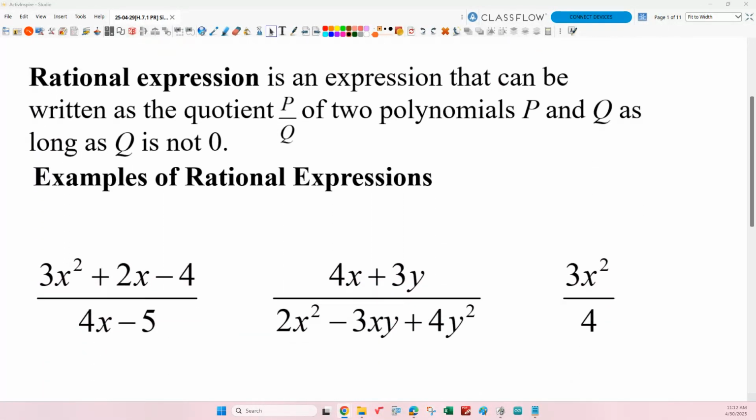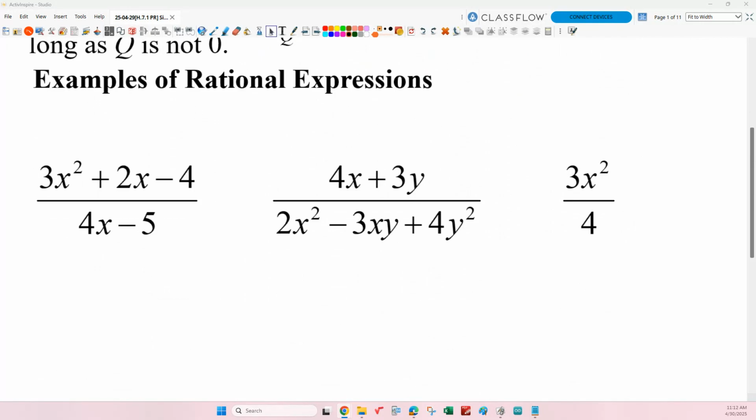So there's 3 examples of different rational expressions. We have a quadratic over a linear equation. Then we have a linear with 2 different variables over a quadratic with 2 different variables. And then just 2 monomials. There's a couple examples of different ways to write them, but there's a lot.